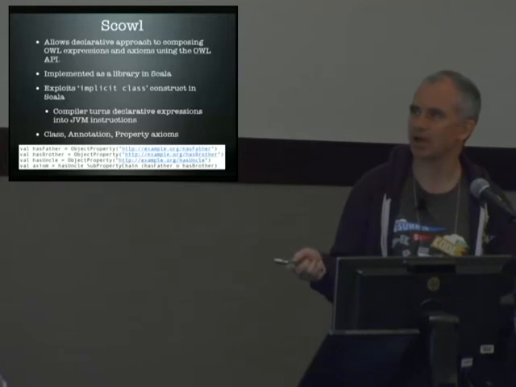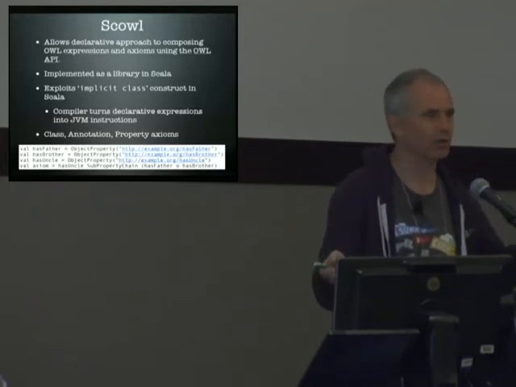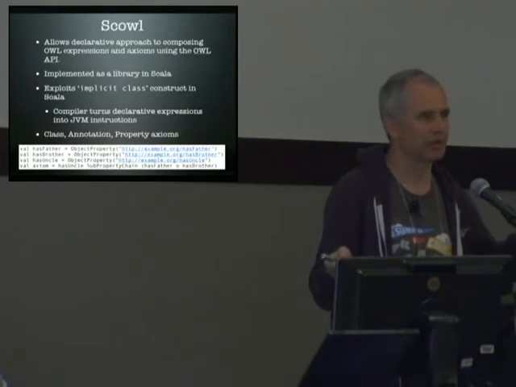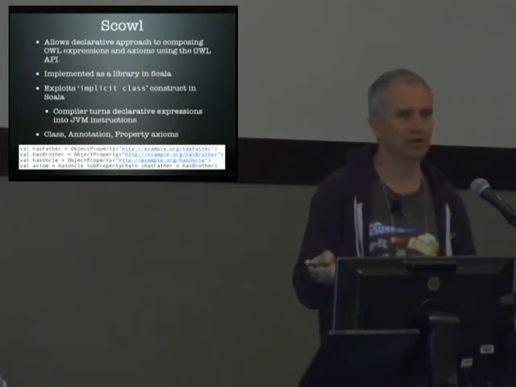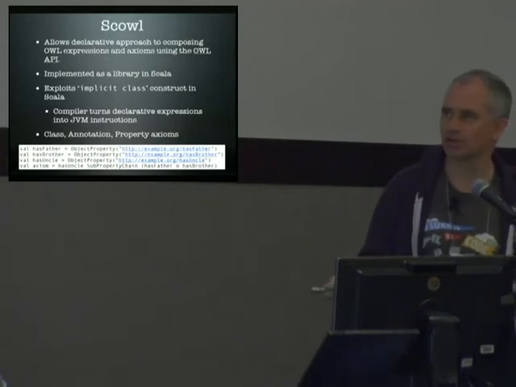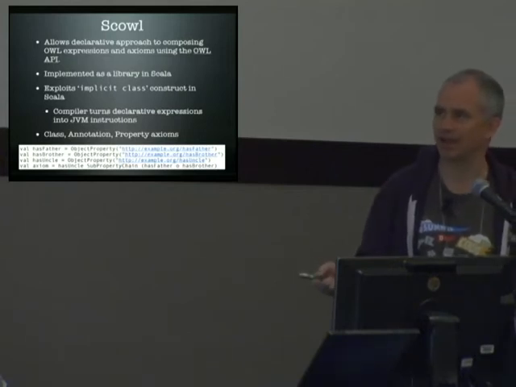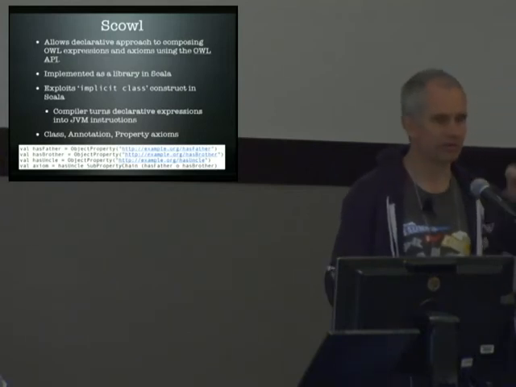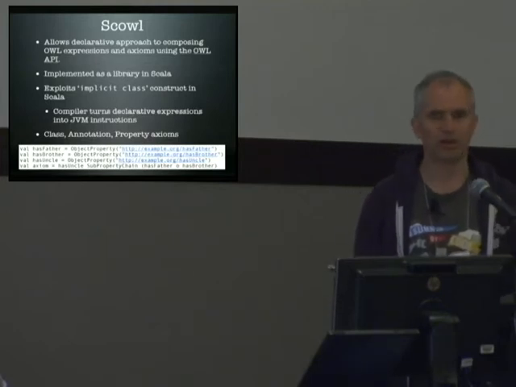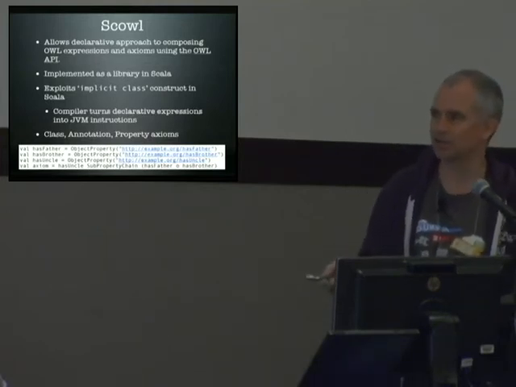It's implemented in Scala as a library, and the way this works, even though it doesn't really look like a programmatic instruction, is that Scala has this implicit class construct, which decorates other classes.